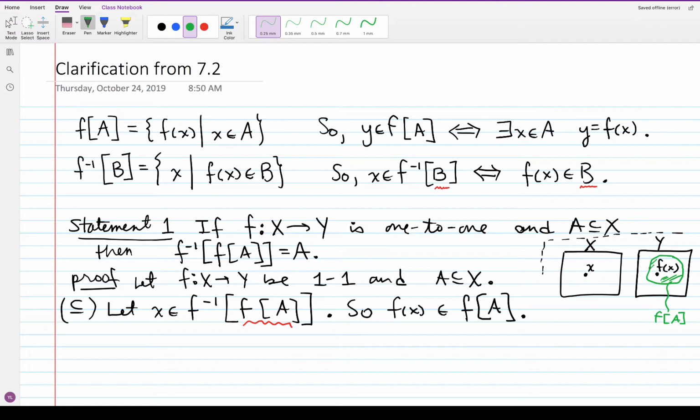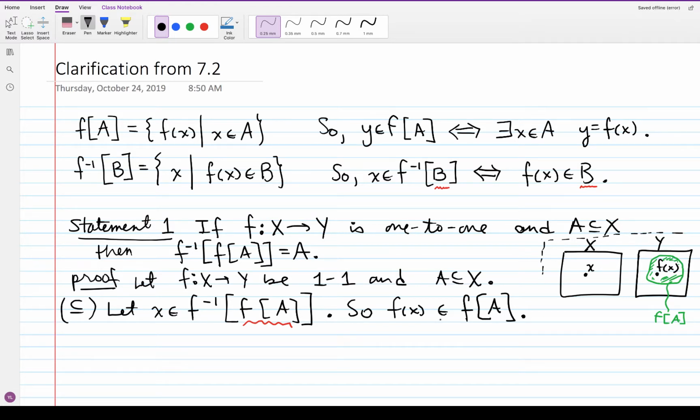So what I've concluded so far is that f of x is in the set f of A. And it's at this stage that I have to translate this carefully using the first observation up here so that I don't miss the fact that one-to-oneness is very, very important here. I can't cancel the f's, as I said in class yesterday.